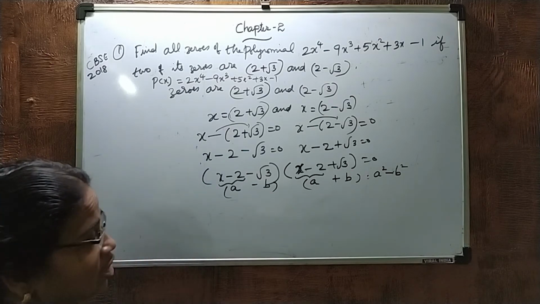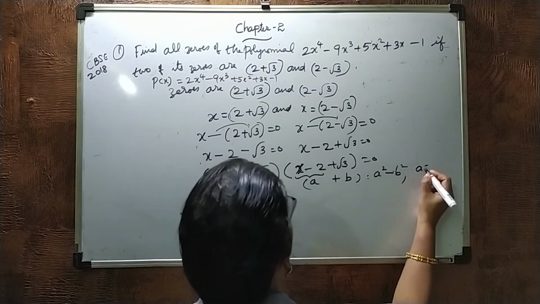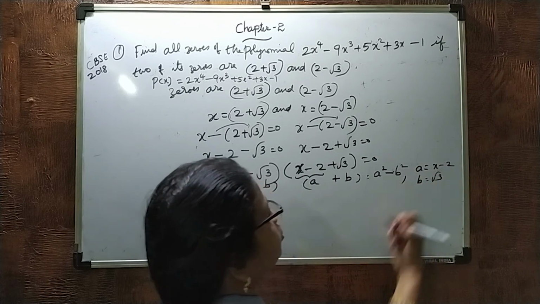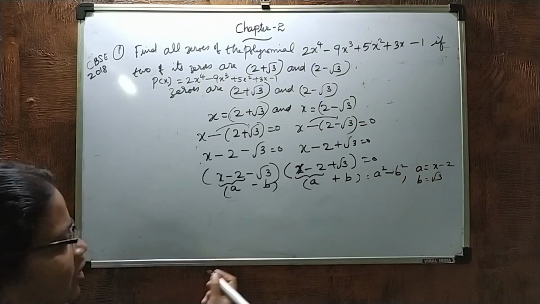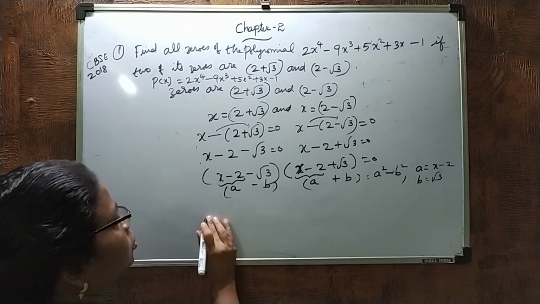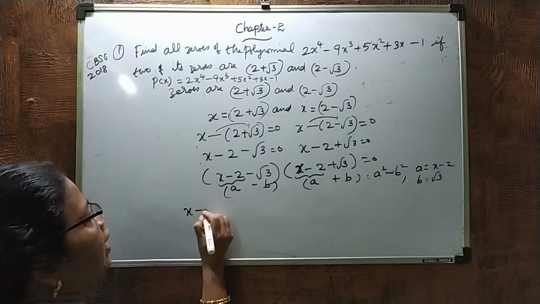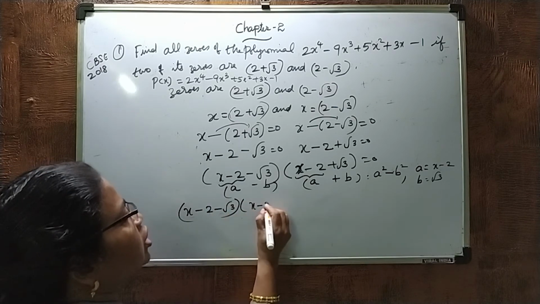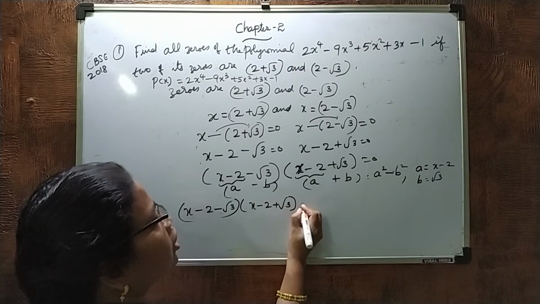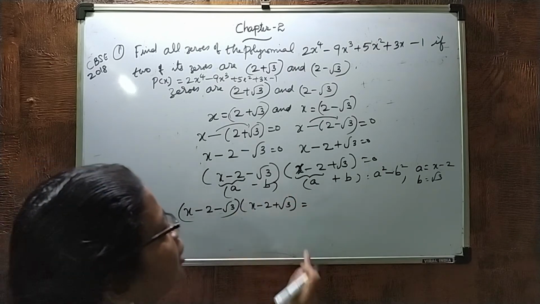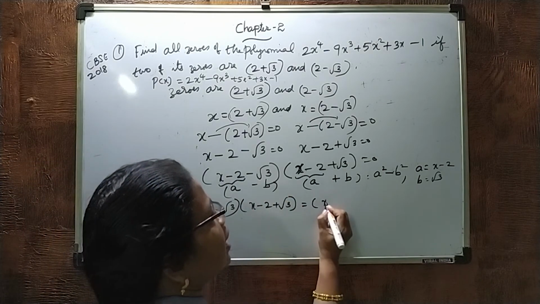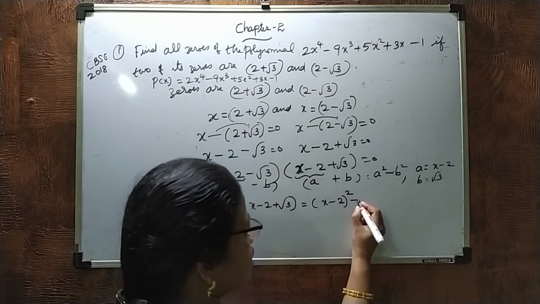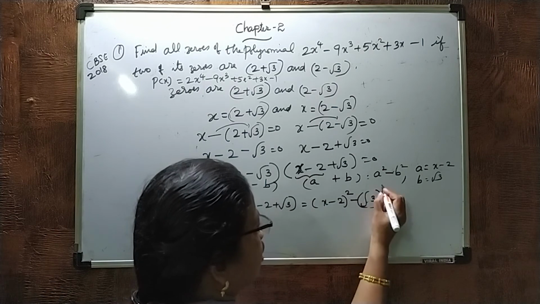What is a, what is b? Where a is equal to x minus 2 and b is equal to root 3. Now applying a square minus b square, x minus 2 minus root 3 into x minus 2 plus root 3 equals x minus 2 whole square minus root 3 whole square.